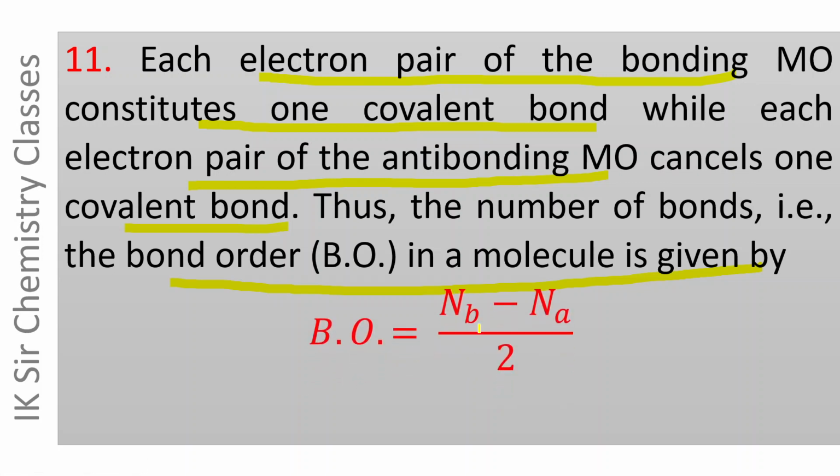Bond order is equal to (Nb minus Na) by 2, where Nb is the number of electrons in bonding MOs and Na is the number of electrons in anti-bonding MOs. This number is divided by 2 because 2 electrons constitute one covalent bond.